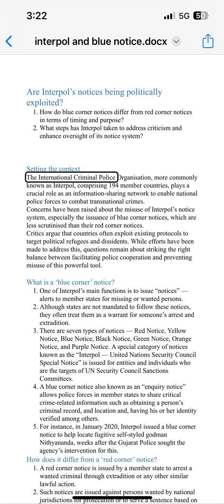In today's topic for the discussion, I have chosen INTERPOL, the International Criminal Police Organization.